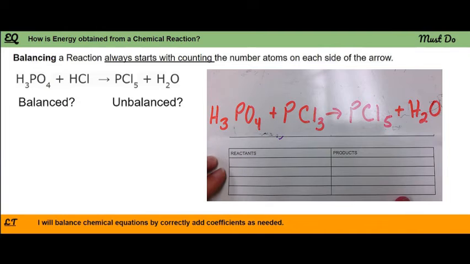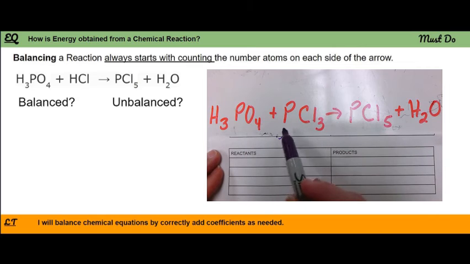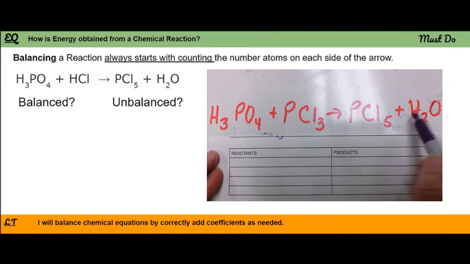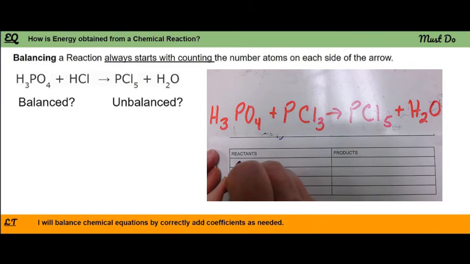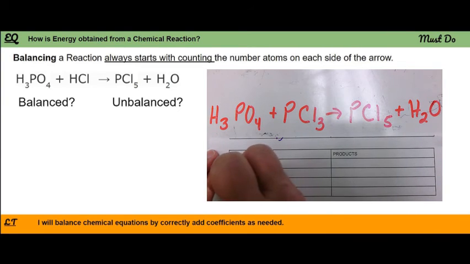Okay, here's our second example. In this one, I have hydrogen phosphate plus phosphorus chloride equaling PCl5 plus water. So I have hydrogen, that's my first one, and there are 3 of those.